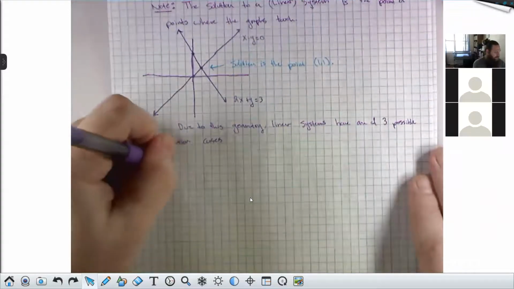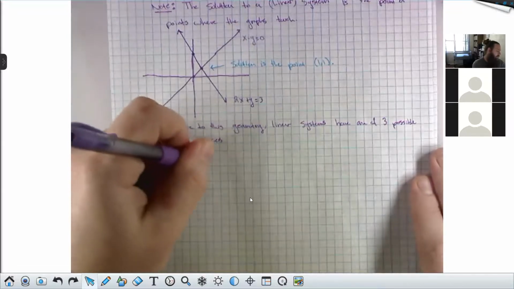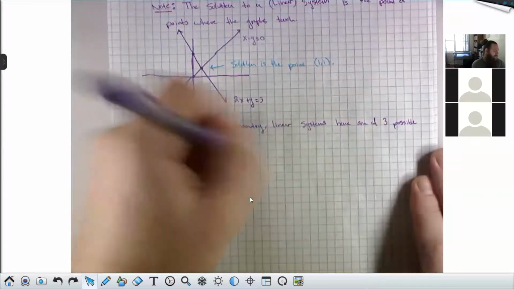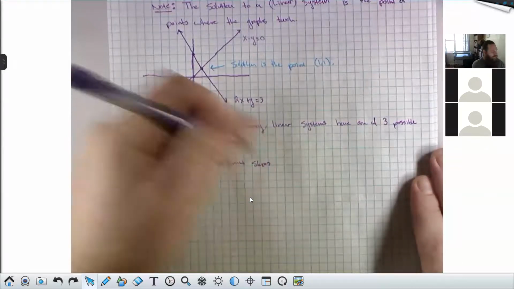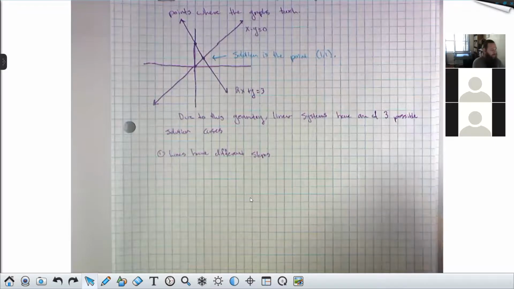And they're broken down like this. If the lines have different slopes, if you graph two lines, but they have different slopes, then they will touch in one and only one point.